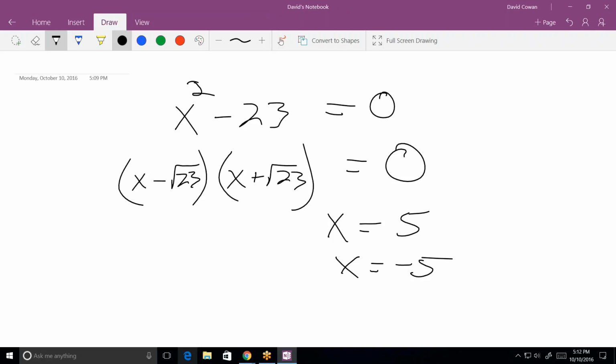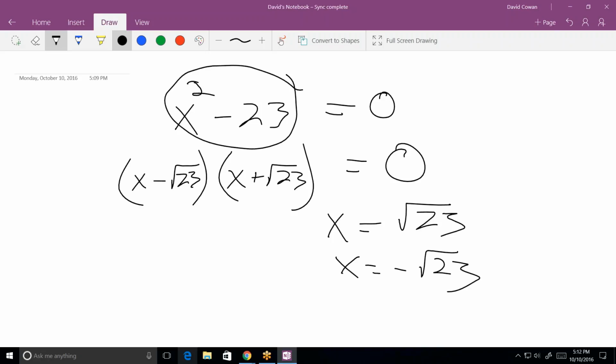And then the two answers we get are x equals plus root 23 and x equals minus root 23. So you can always use that even if they're not perfect squares.